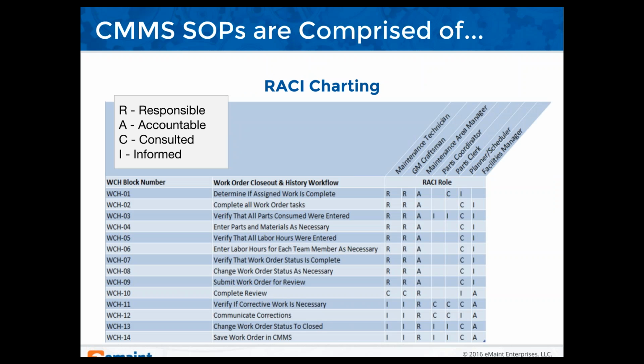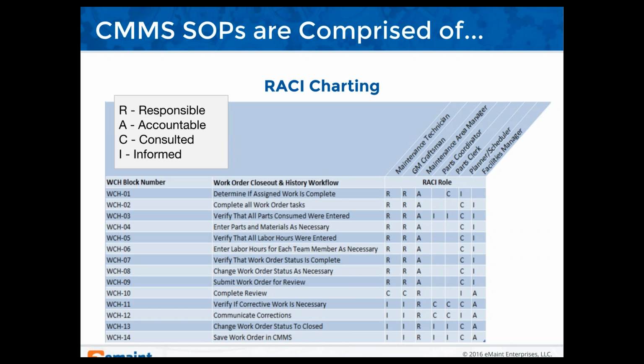RACI stands for Responsible, Accountable, Consulted, Informed. So this particular illustration gives a flavor of the roles of the various resources or the actors that are involved in the business of maintenance management.